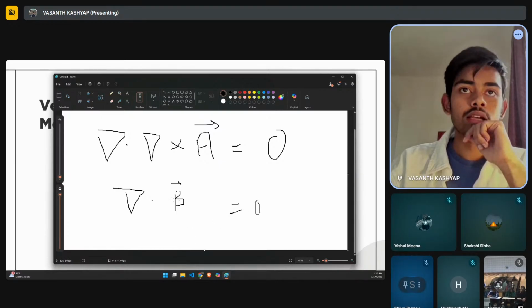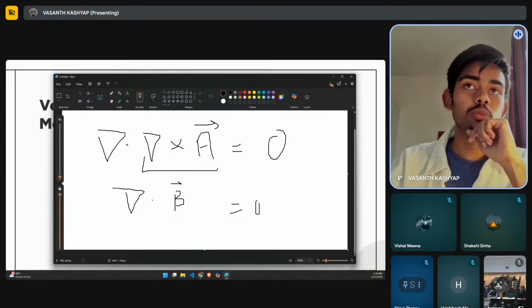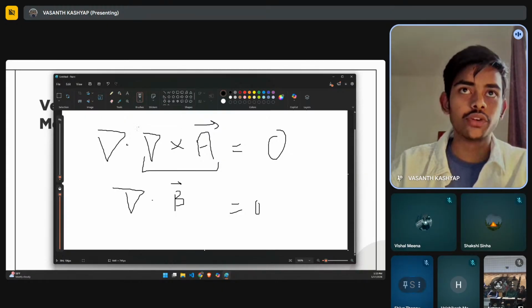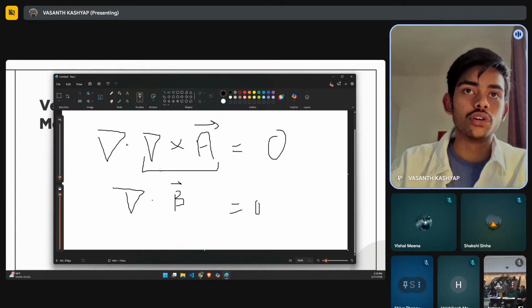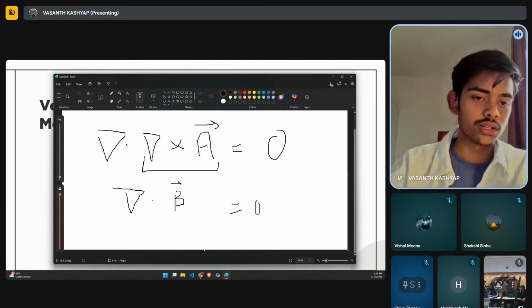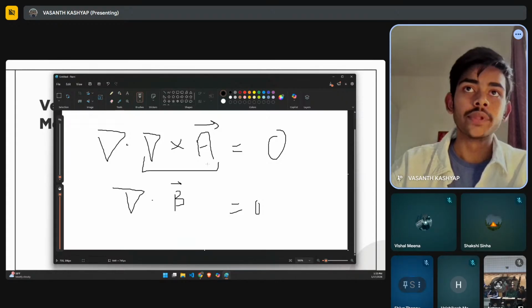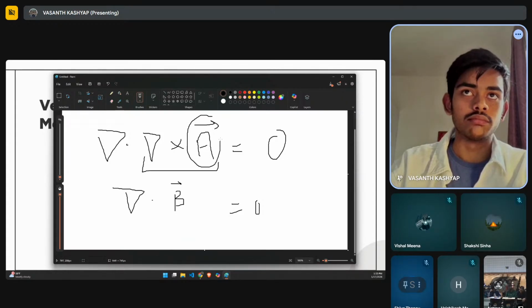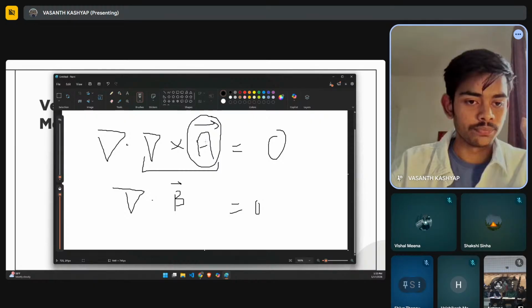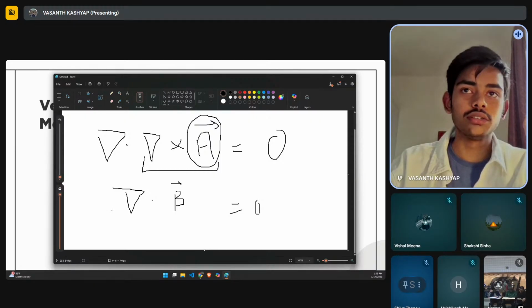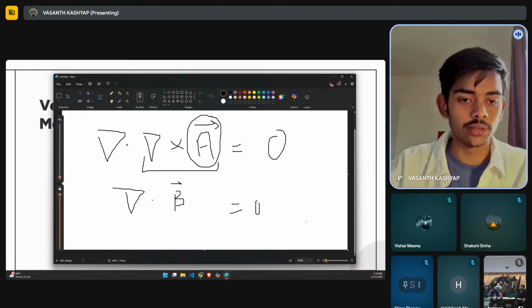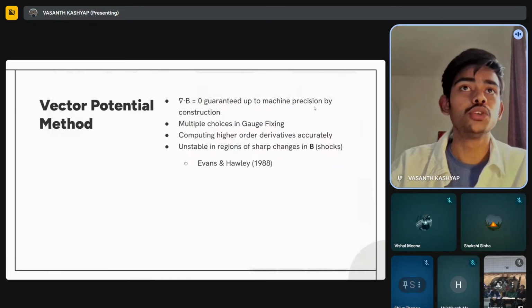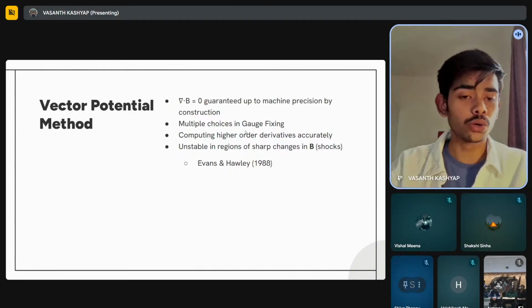Instead of solving the magnetic field, let us define the magnetic field to be the curl of something else, which we call A, which is what is called the vector potential. So we will define B equals del cross A, and we will solve A across the boundaries. And by construction, the divergence of B will be 0. It's a simple math trick. You can do this.